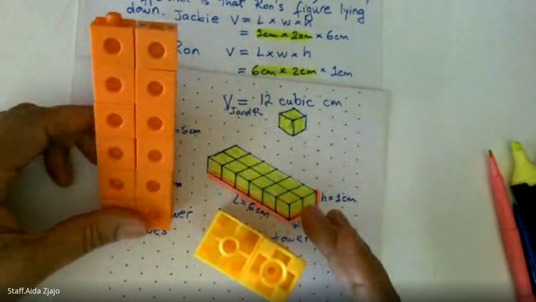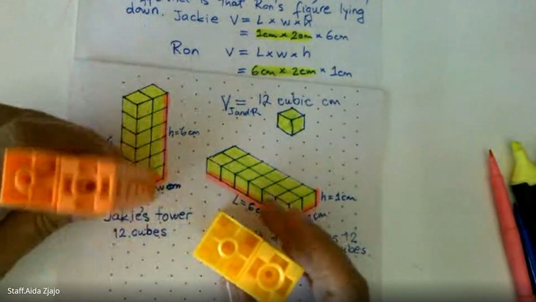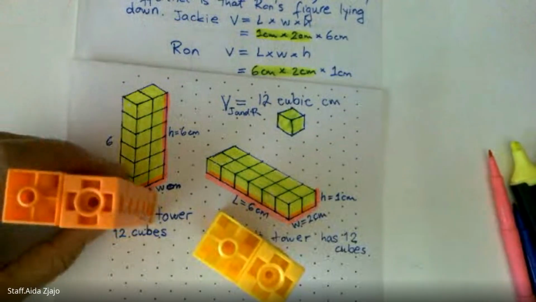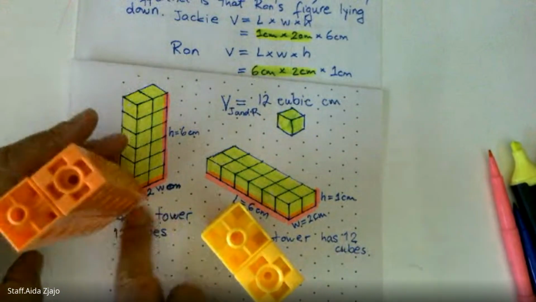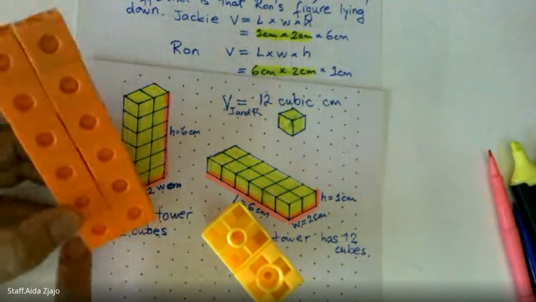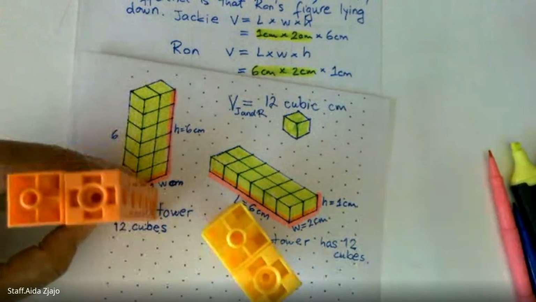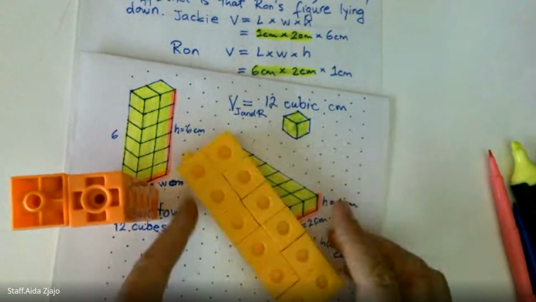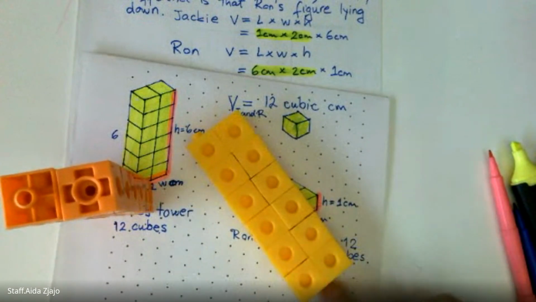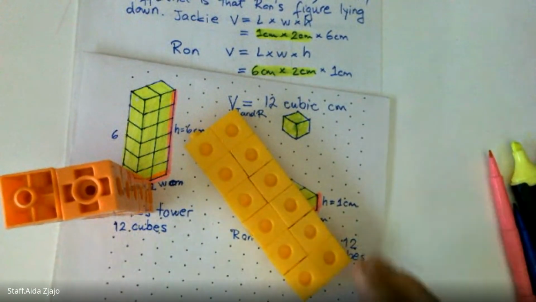There is also a third version: the length is 6, the width is 2, and the height is 1.